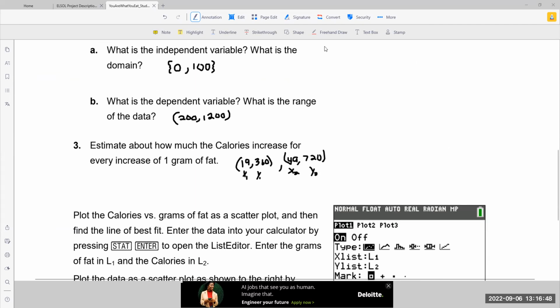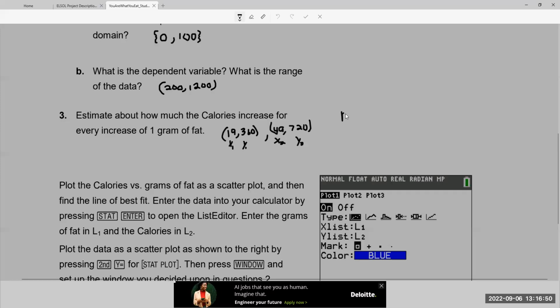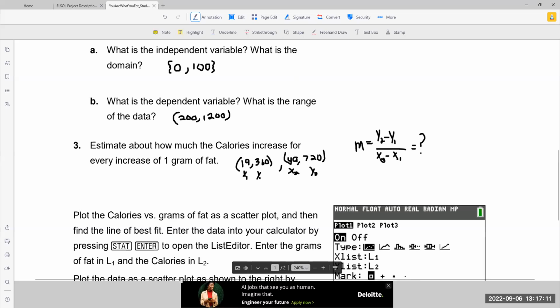Then use the slope formula, which is m equals y2 minus y1 over x2 minus x1, to come up with some kind of estimate for the slope. I'm going to pause the recording for just a second and let everybody catch up to where we are now.